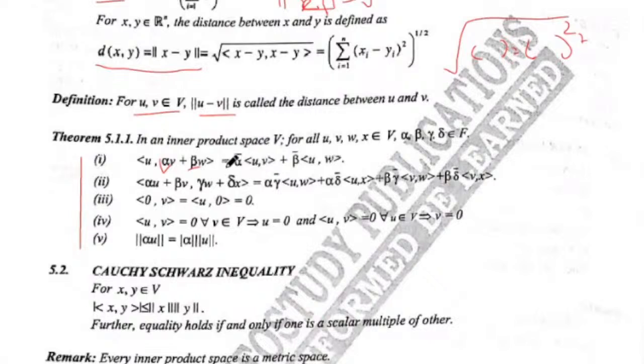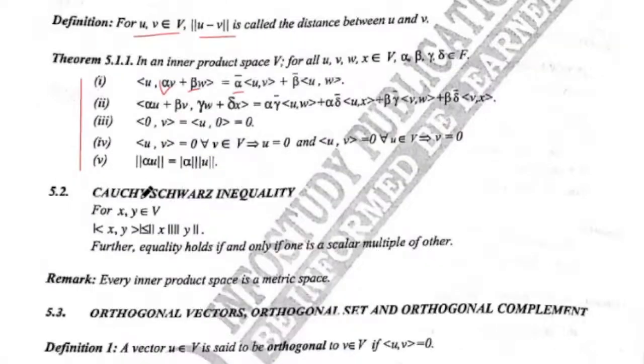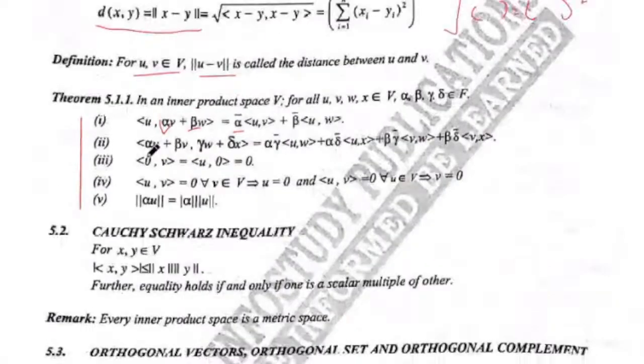If it is real, it will be alpha. So if it is a complex number, it will be the conjugate: alpha bar into (u, v) plus beta bar into (u, w). Next, (alpha u plus beta v, gamma w plus delta x) is given by alpha into gamma bar into (u, w) plus alpha into delta bar of (u, x) plus beta into gamma bar of (v, w) plus beta into delta bar of (v, x).